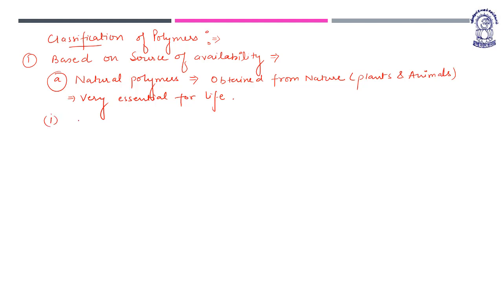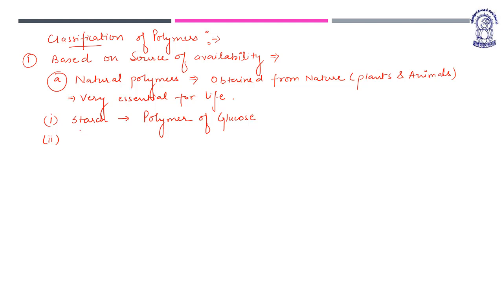For example, starch. Starch is a polymer of glucose, and it is a food reserve of plants, as you know. Glycogen is also a polymer of glucose.